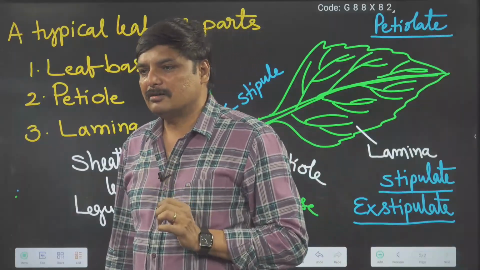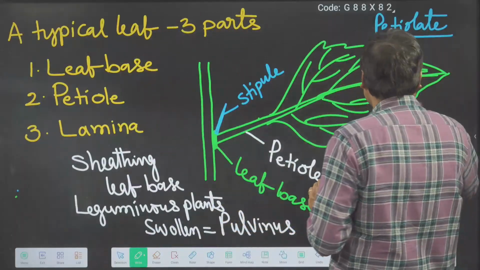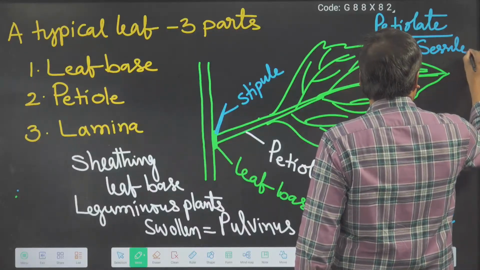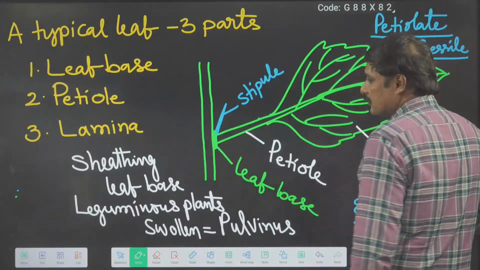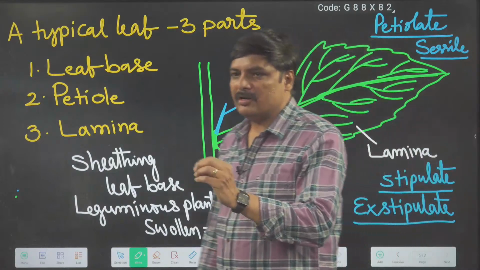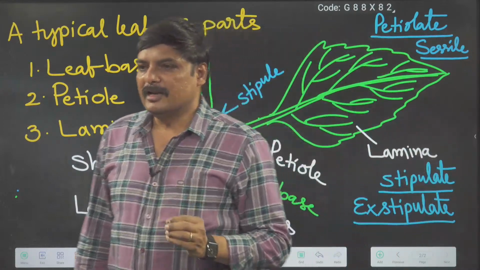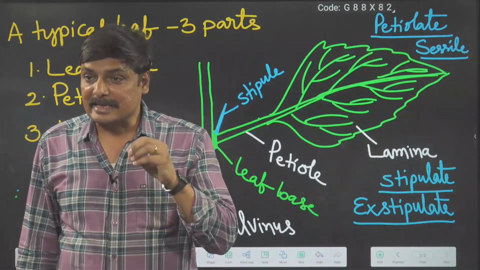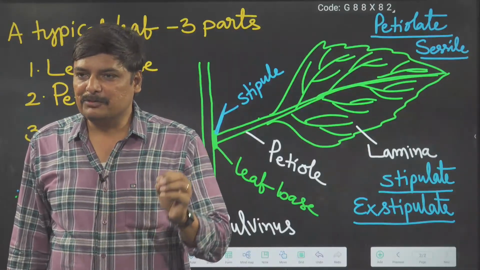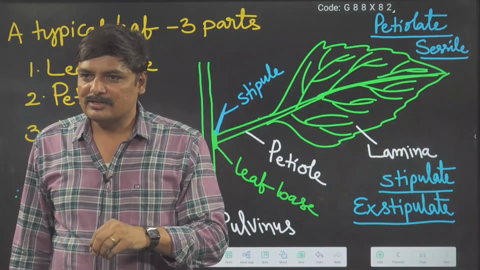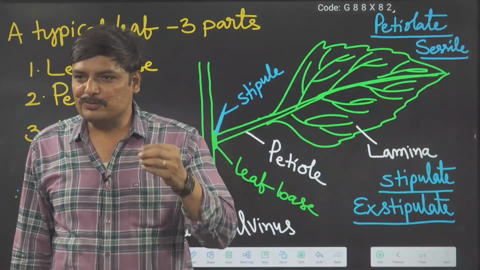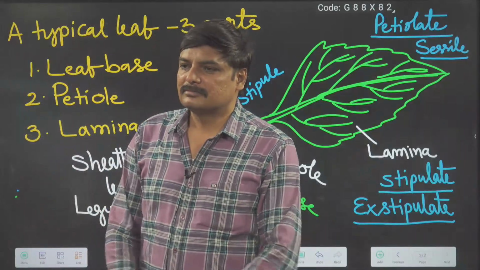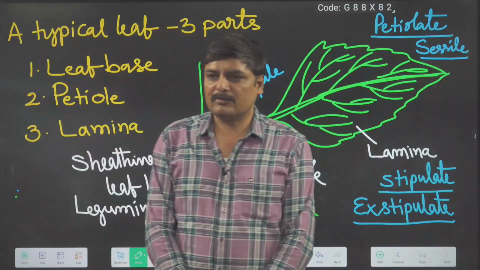Those are called sessile leaves. Leaves with petiole, petiolate. Leaves without petiole, sessile leaves. Leaves with stipule, stipulate leaves. Leaves without stipules, exstipulate leaves. Hope you understand, all of you.